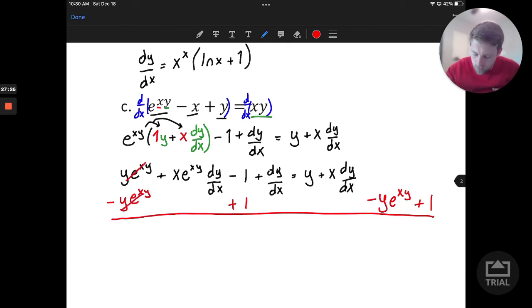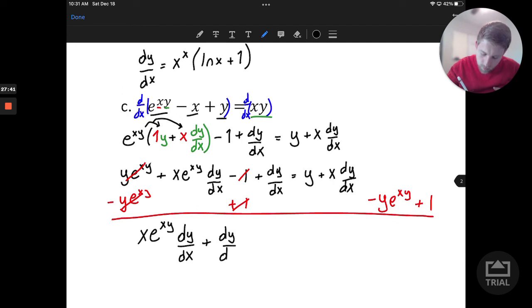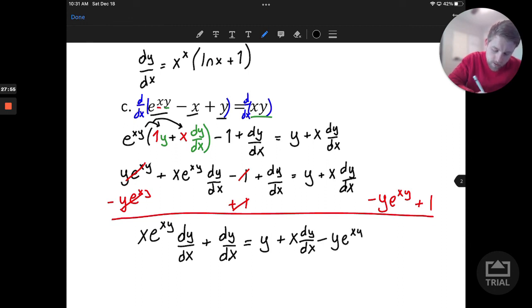So these would cancel out on the left. I'll be left with x e raised to the xy dy/dx, and then plus dy/dx equal to, we have a y term plus x dy/dx minus y e raised to the xy, and then the plus 1.